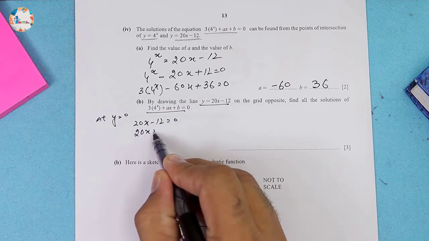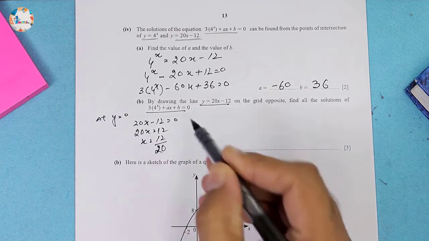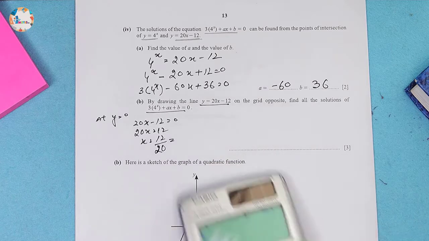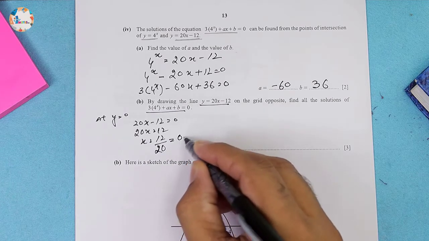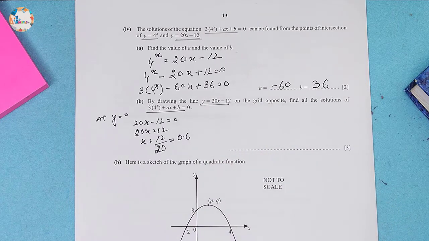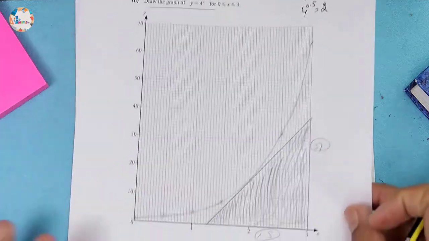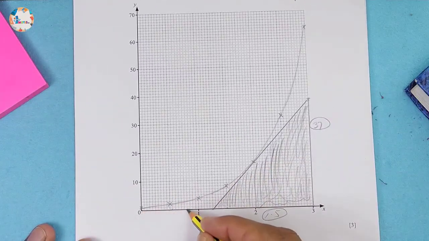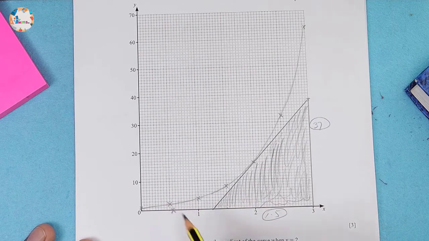So 20x will be equal to 12 and x will be equal to 12 over 20, which will be 0.6. So we can write here 0.6, and we will indicate the 0.6 value on the graph. So at y is 0, the x value will be 0.6. This will be the indication.